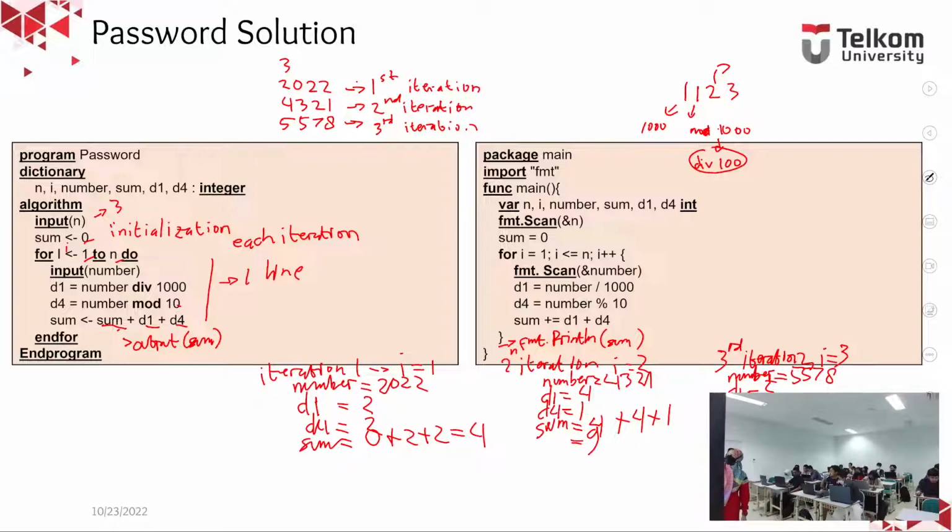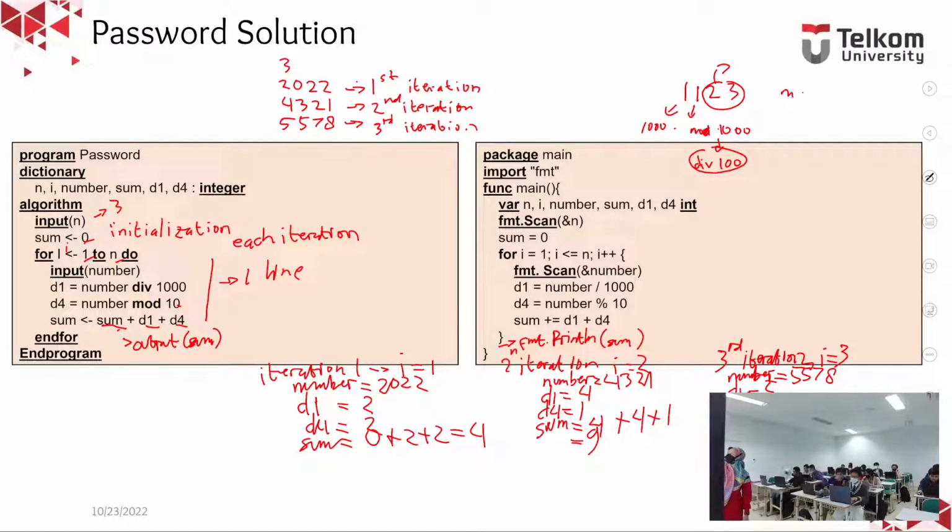Okay, so this is a double mod. The first digit is divided by 1000. If divided by 100, mod 100 is 23, right?